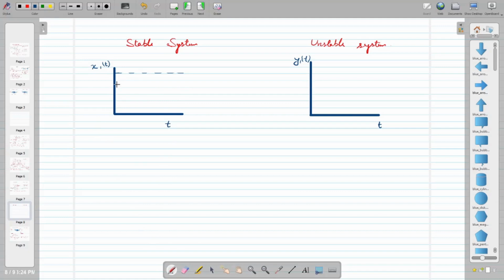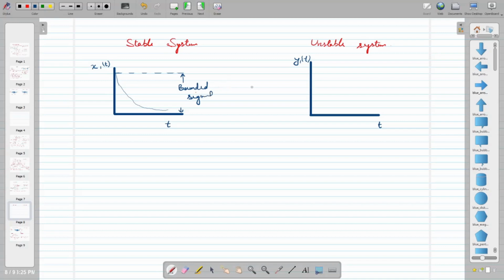Say my input reduces like this. That is the graph for the input side, which has a certain boundary. So we can say this is a bounded signal.